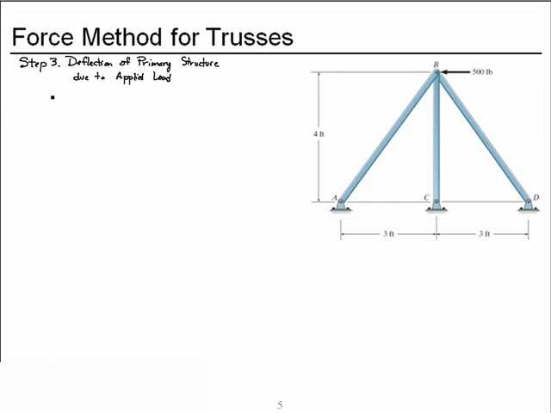To predict that deflection, we're going to need to use virtual work since it's a truss.